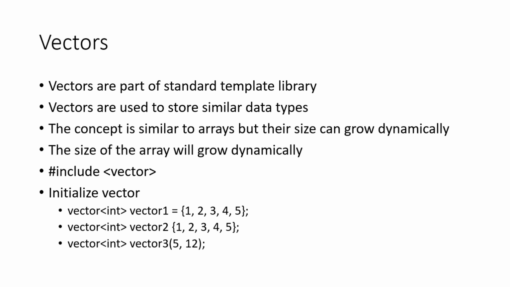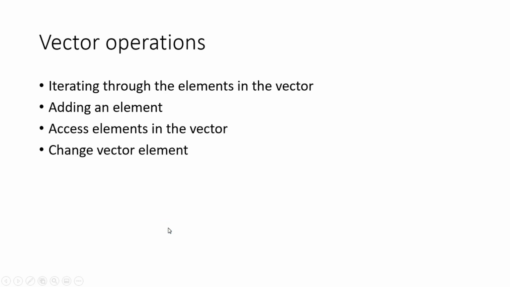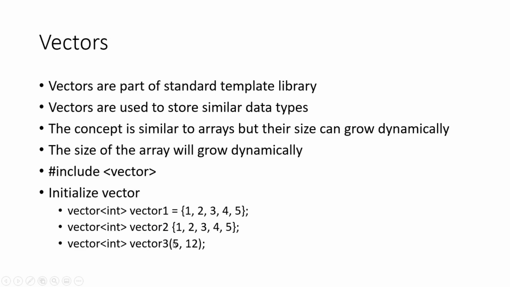Could be a class, existing data type, whatever. And the way you initialize it, equals, open parentheses, close parentheses, and then you put in the number of values. That's one way, or you can do it without the equal sign. Oops. Or this is the third way of using the vector class.